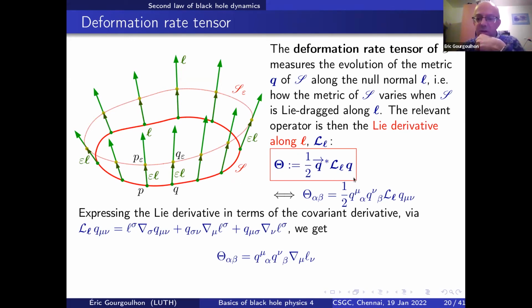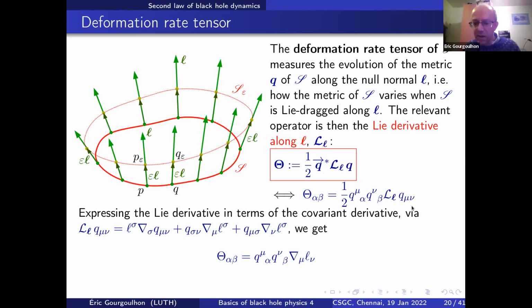In doing so, mathematically speaking, we are nothing but computing the Lie derivative of the tensor field Q along L. So this is the variation of the induced metric when you push forward to the future along the null direction defined by L. And we project this back to the 2-surface to have a tensor field which is tangent to the 2-surface.